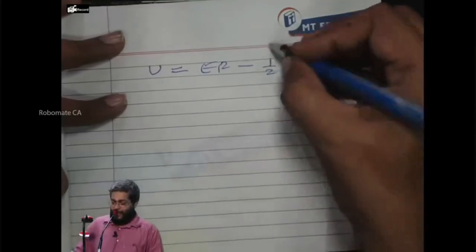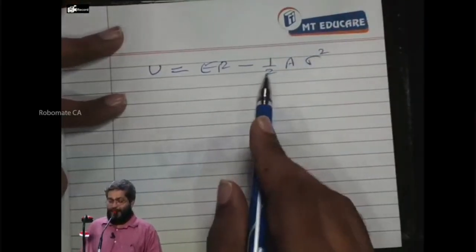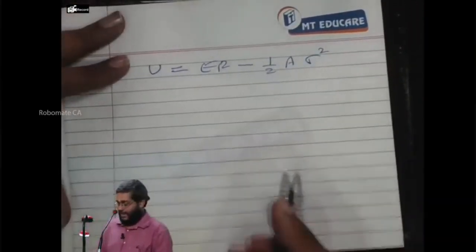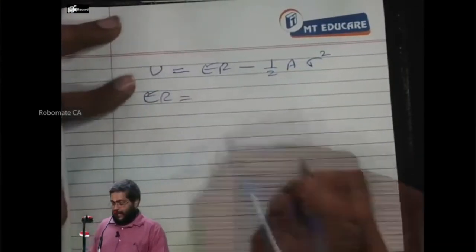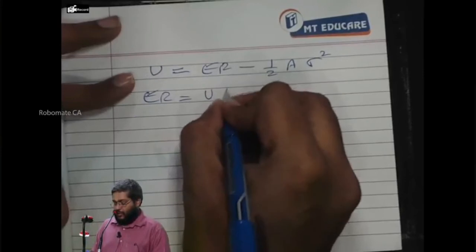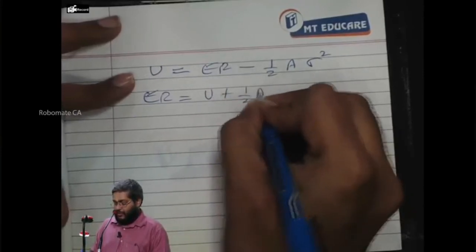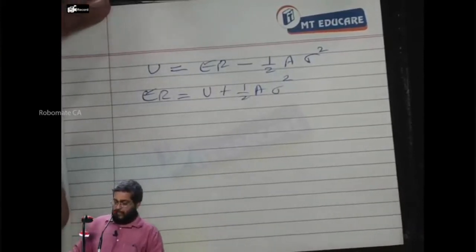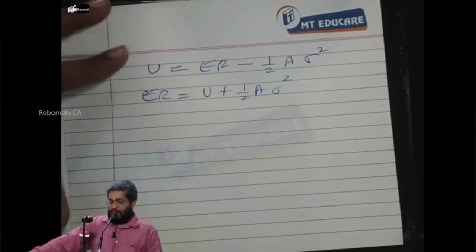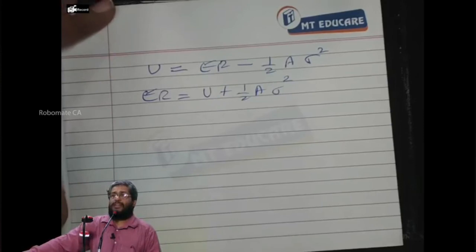Both are the same. Don't say the formula changes here. Half is 0.5. Can I proceed? Now, another formula: ER is equal to U plus half into A into sigma square.